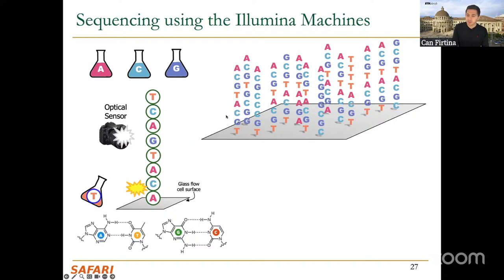And the reason we do this is because of the cycle by cycle process that we're doing, where every base process is not very deterministic. Sometimes we may be attaching more bases than we need, and this means that we would be emitting a different light and so on.